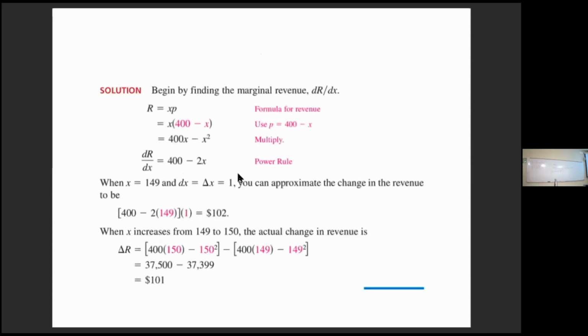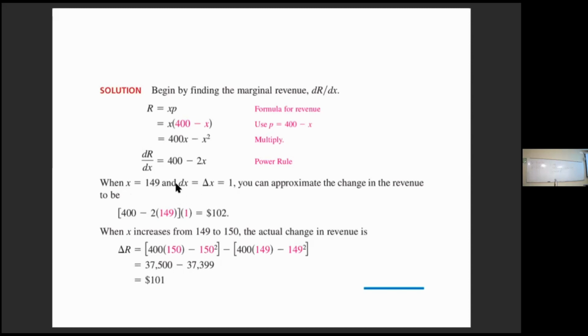Jumping really quickly to the next slide, just so we can refresh on what everything was. This term here, d dx of r, is, again, the derivative, which we find here. Then from there, we said let dx be approximated with delta x equal to 1, and let x be equal to 149. So we're saying, we're selling 149 units, but what if we sold one more?